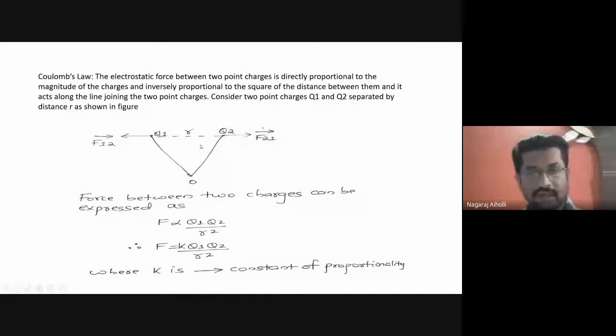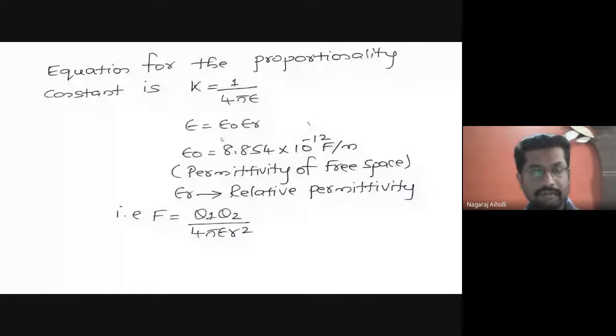If it is acting along the line joining the two point charges, what will be the unit vector? It is the distance vector r divided by its magnitude. That is the direction of the force, given by the distance vector between Q1 and Q2 divided by its magnitude.